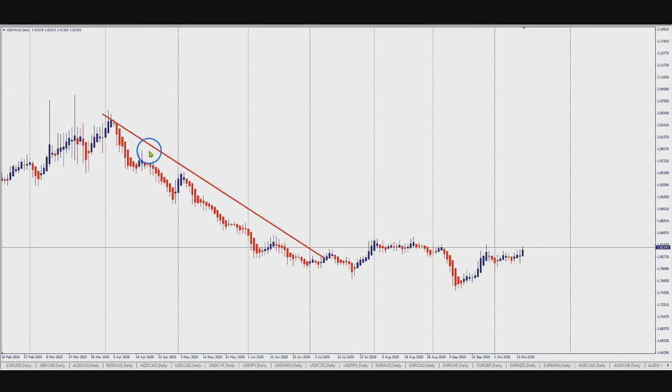Because if the trend has already been established on the higher time frame, like on the daily time frame, if we go down to a lower time frame, does the trend change? It doesn't. If the trend is already established on a higher time frame, you're still in the same downtrend.